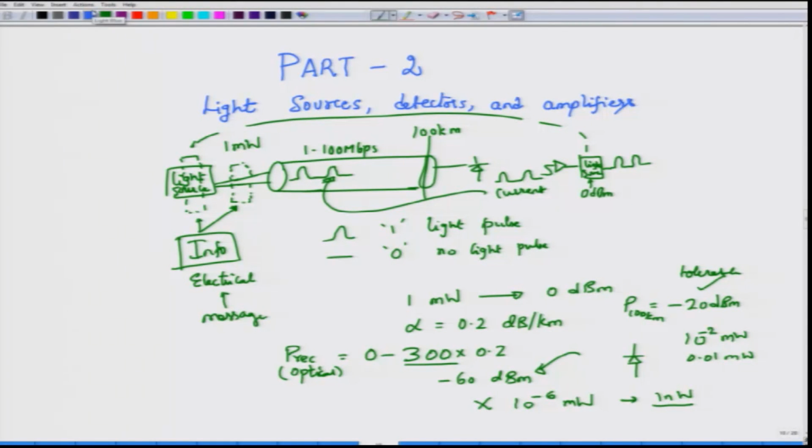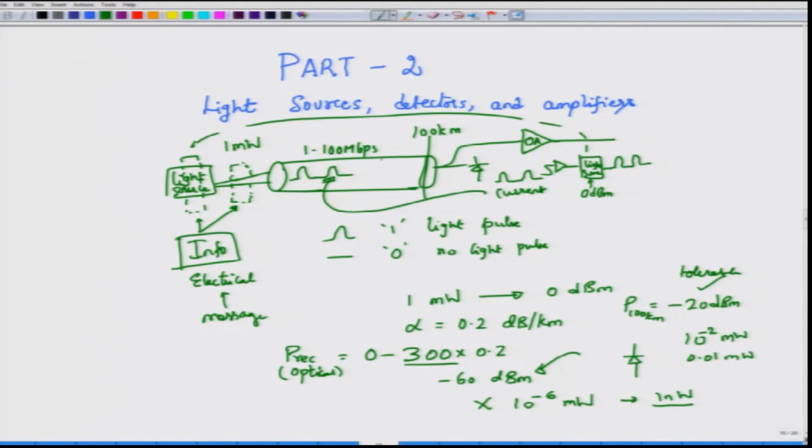So, how would that link work? Instead of putting a detector, converting, then putting a light source, all that you had to do was to put an optical amplifier. It would just raise the level from say minus 20 dBm back to 0 dBm, depending on how much gain you want in the optical amplifier, and this is precisely what you were able to do.